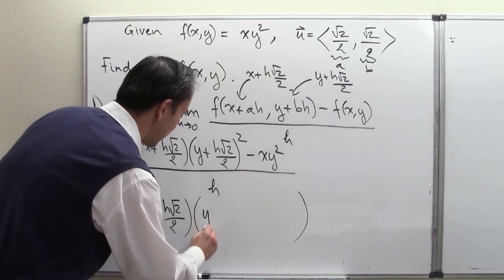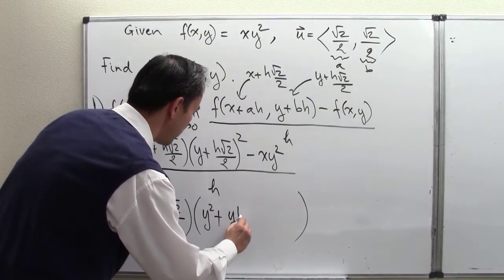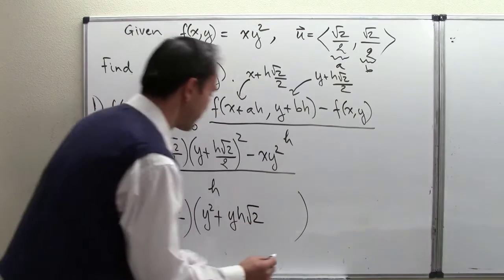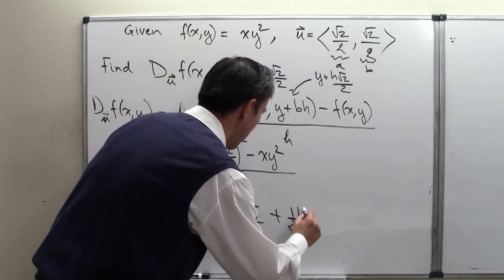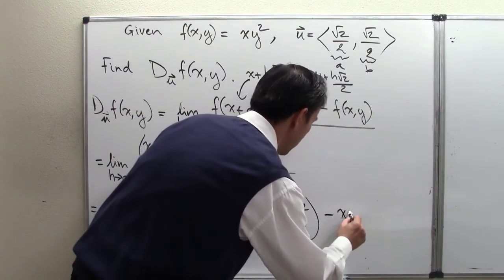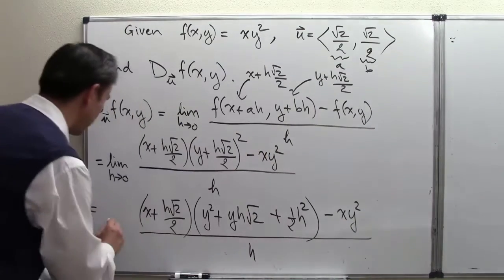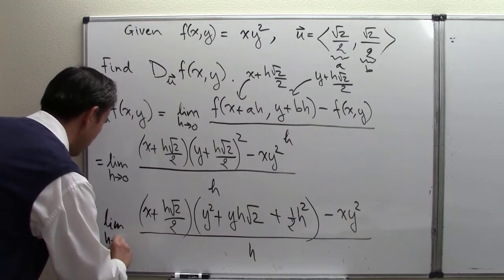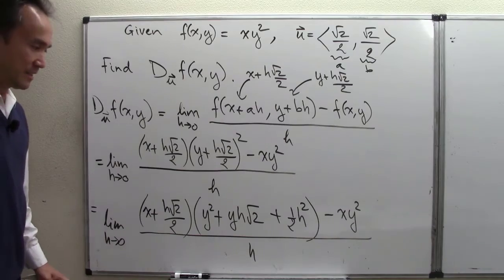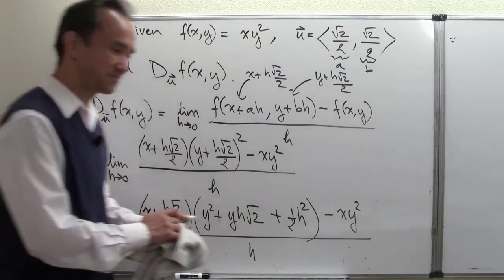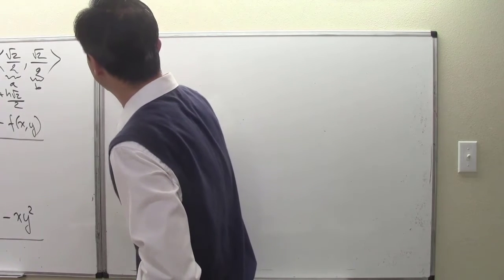I have y squared plus y h square root of 2 plus 1/2 h squared, then minus x y squared, all over h, as we take the limit as h goes to 0. Now I'm going to advance to my other board, and continue foiling out further.